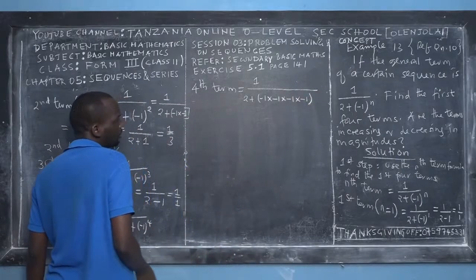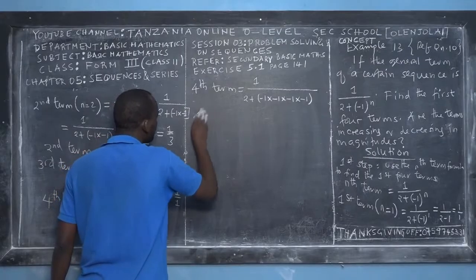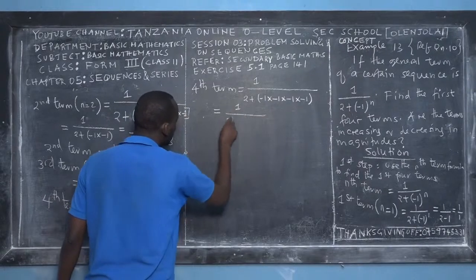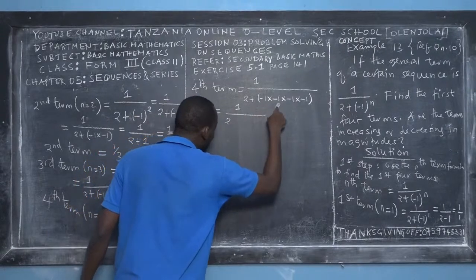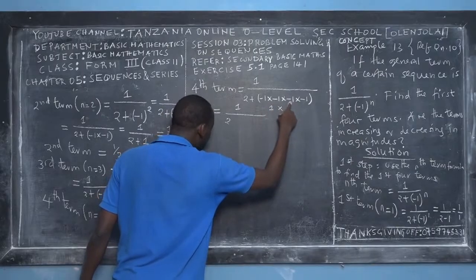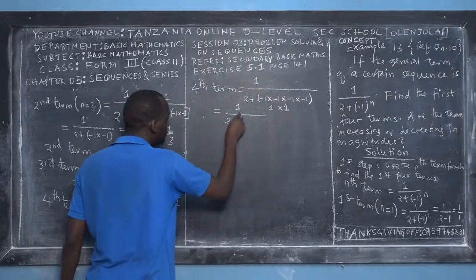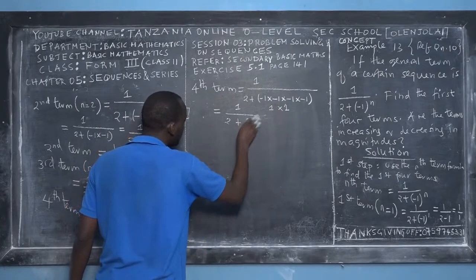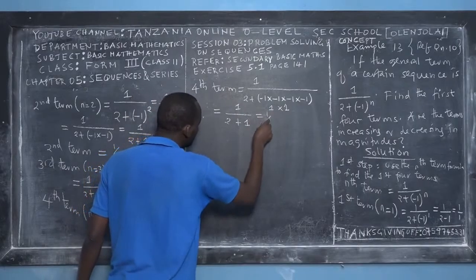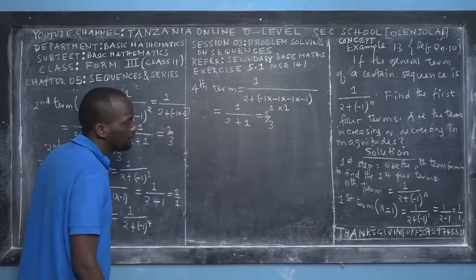So the first term is equal to 1 over 2 plus... Negative 1 times negative 1 is positive 1. Then negative 1 times negative 1 is positive 1. Positive 1 times positive 1 is what? It's positive 1. So it will be 1 over 2 plus 1, and the result is 1/3. So that will be the first term.